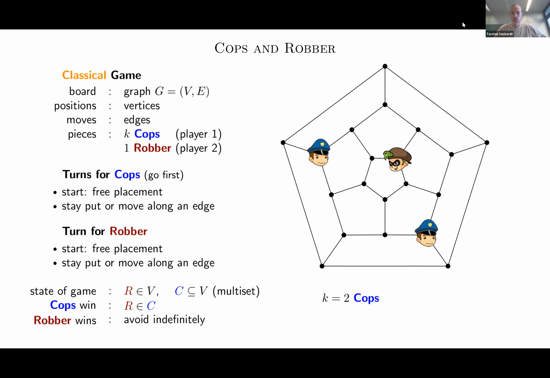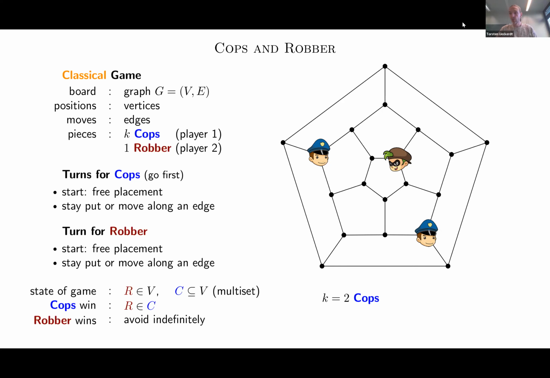the same time. Okay. And then the cops win if the current robber position is also one of the cops' positions. So if on the vertex that is currently the robber, there's also at least one cop. When the state of the game has this property, the game is over and cops have won.